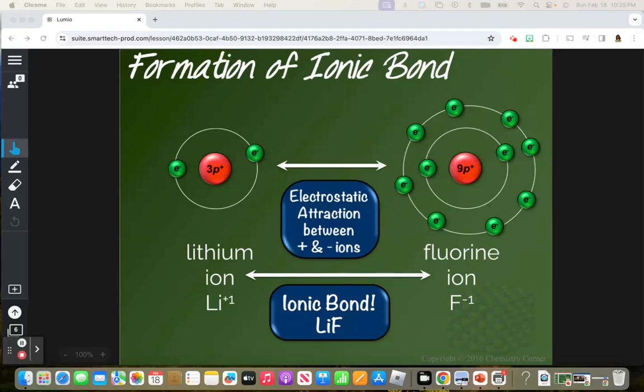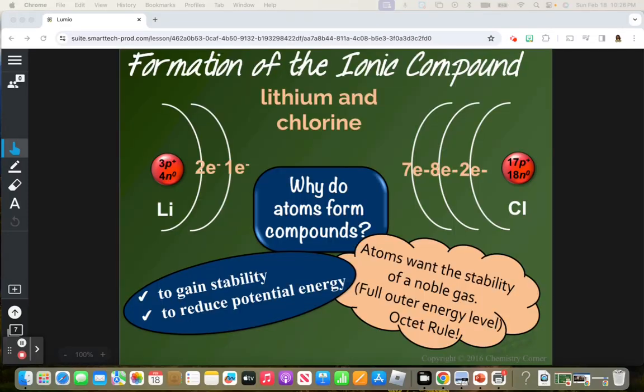Now, what happens in ionic bonding is that the lithium, with its 1 positive charge, loses its valence electron, which moves over to fluorine, giving fluorine 1 negative charge. And this is known as ionic bonding. There are a few things we need to recall, such as why atoms form compounds.